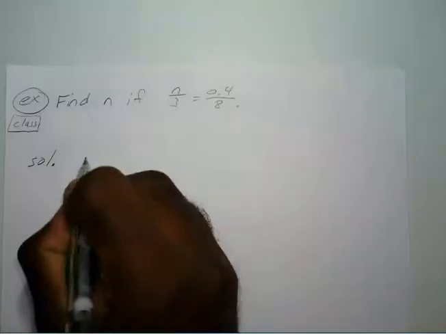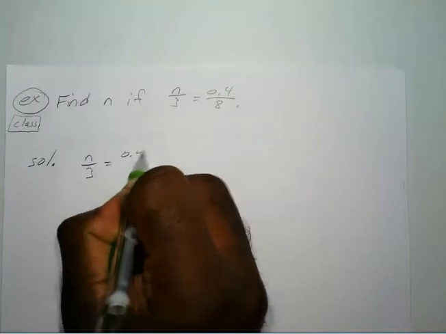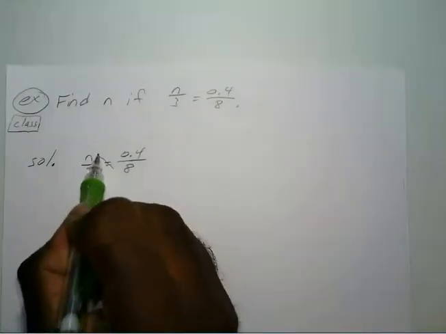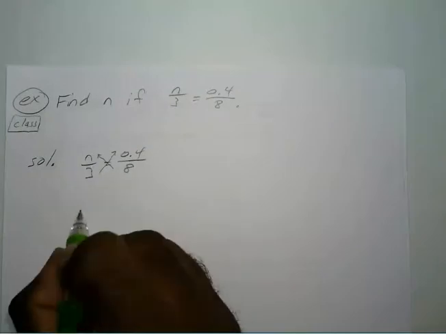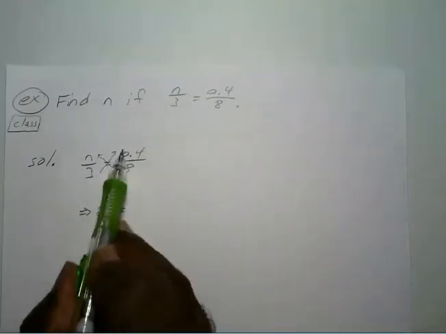Okay, n is to 3 as 0.4 is to 8. So we cross multiply. We have 8 times n is equal to 3 times 0.4.